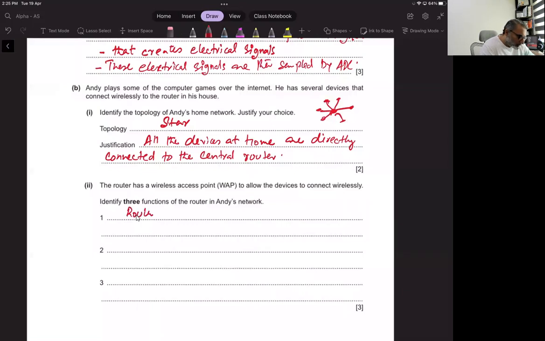Router assigns dynamic IPs to the internal devices.